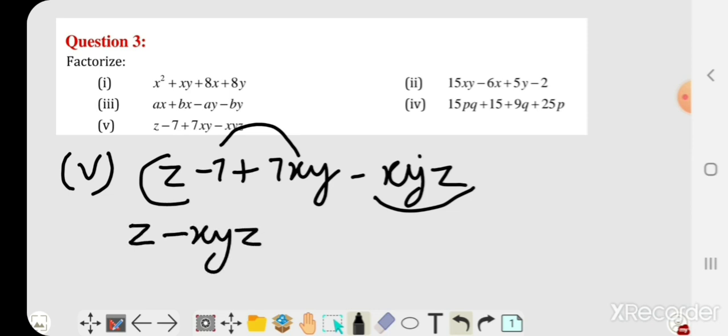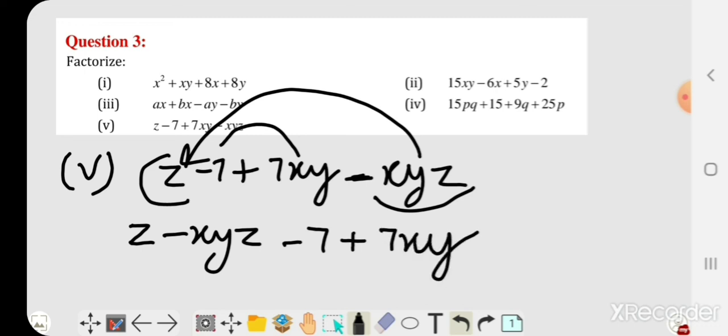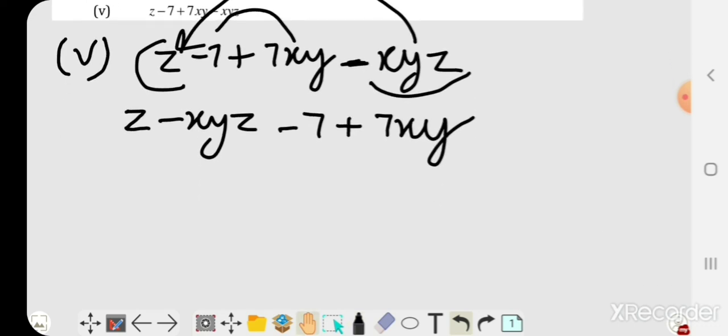It was written after z, but the sign is negative, so it will remain negative. Then minus 7 plus 7xy. What is common in these two terms? z, obviously. Keep it in your mind to make sets of two terms. After taking z as common, 1 remains here, minus xy.